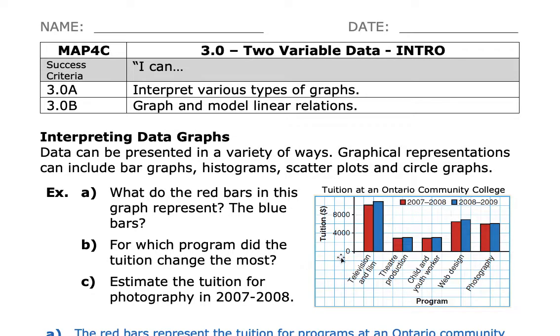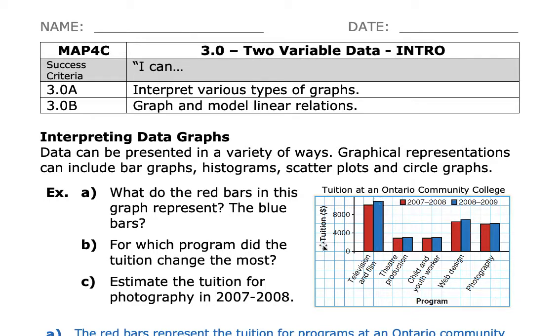Now, you can see the change in tuition from one year to the next based on the increase in height. So the y-axis represents tuition, and the biggest difference between the heights, although it's not very significant, we see the television and film increased the most.